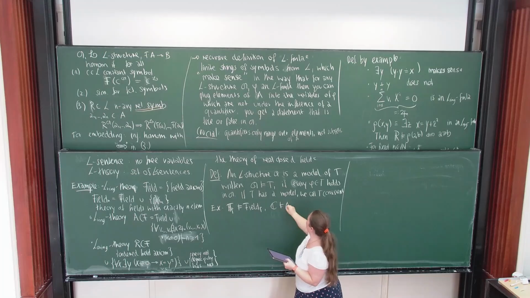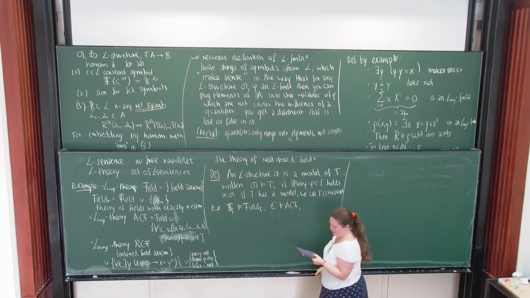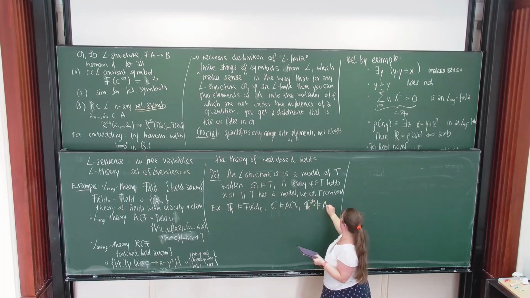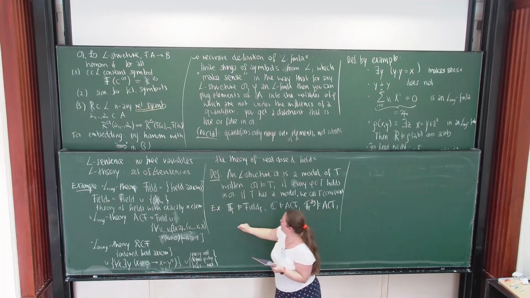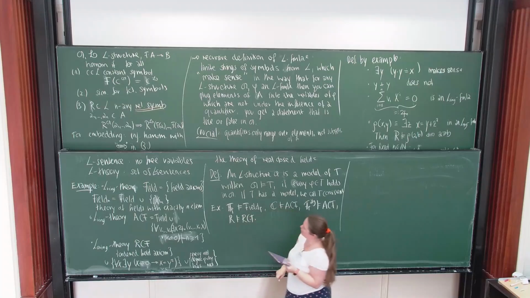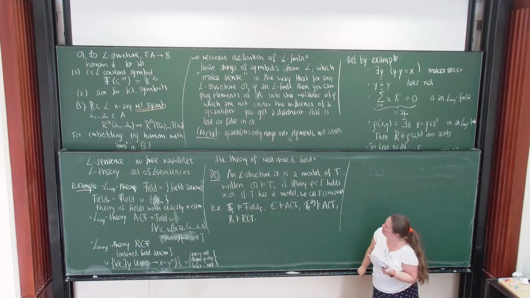C is a model of the theory of algebraically closed fields. I guess so is F_p-alg. And the reals are a model of the theory of real closed fields.